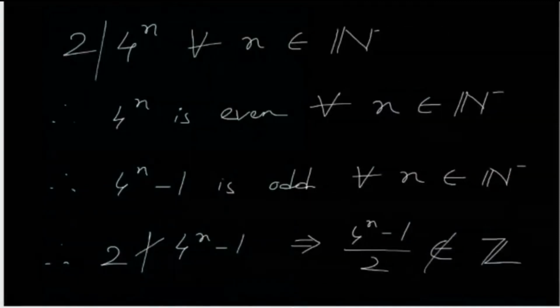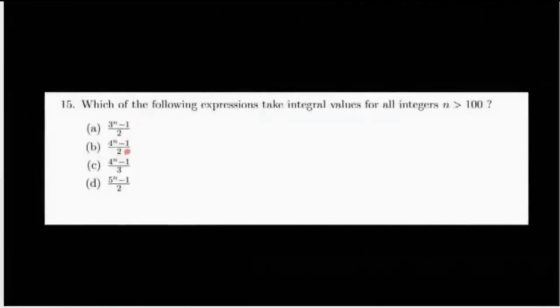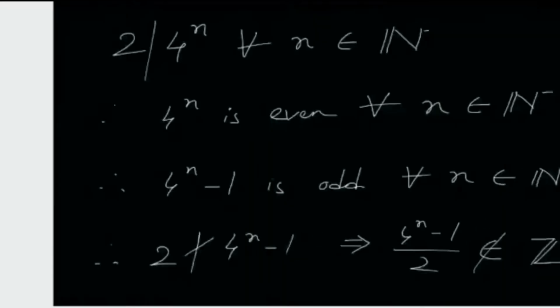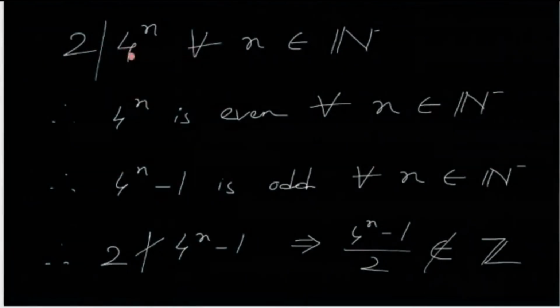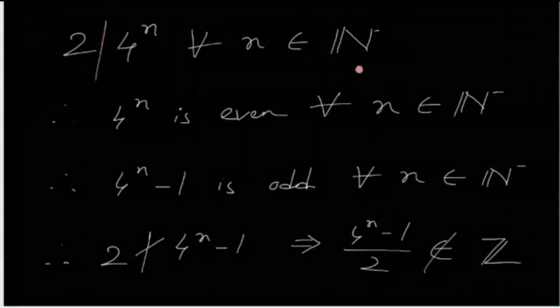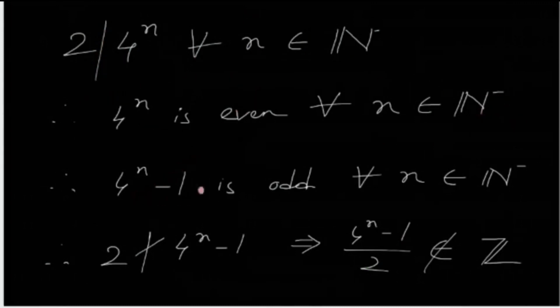So let's check the second option. The second option says (4^n - 1)/2. See, 2 divides 4^n, because 4^n is always even. This denotes the symbol of division. So 2 divides 4^n for all natural numbers n. Now 4^n - 1 is therefore odd for all natural numbers n, and 2 cannot divide an odd number.